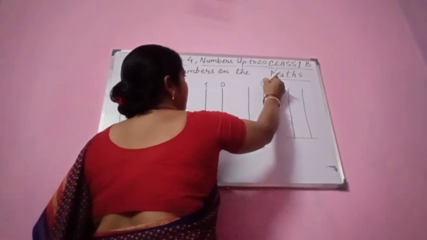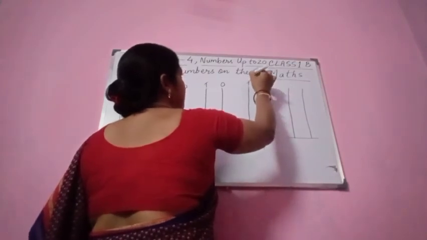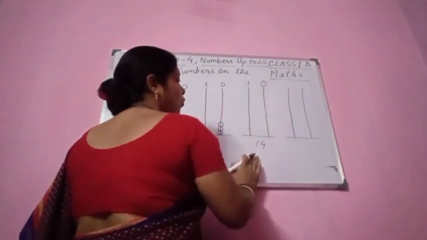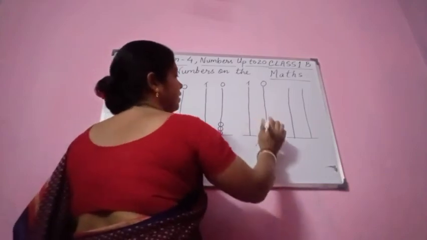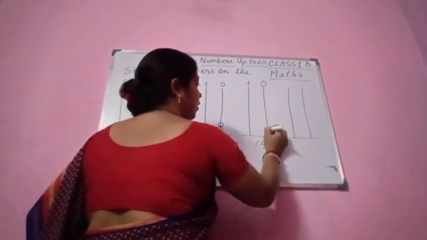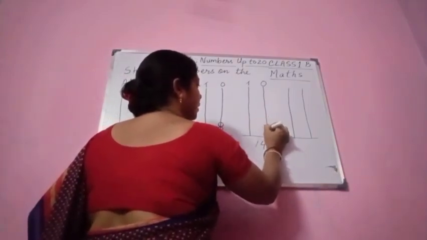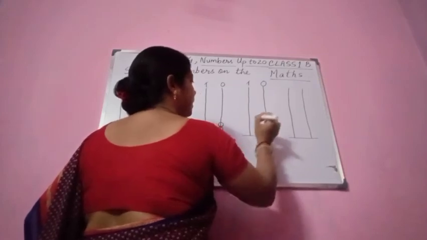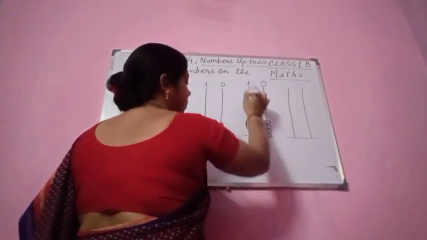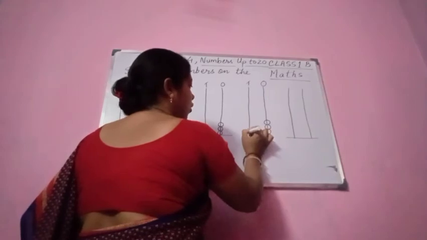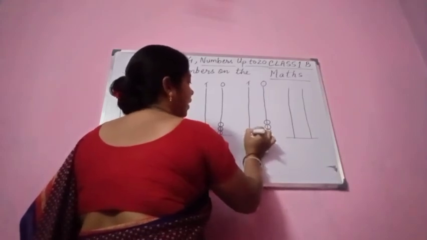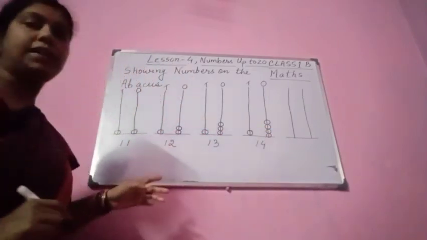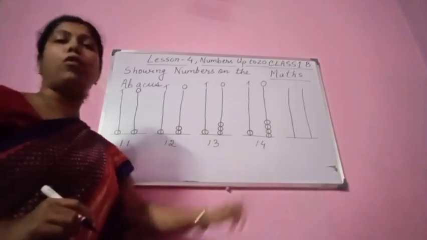Ones and tens. So 1 ten and 4 ones makes 14. So draw 4 beads here, and in place of tens you draw only 1 bead. So 1 ten and 4 ones make 14.